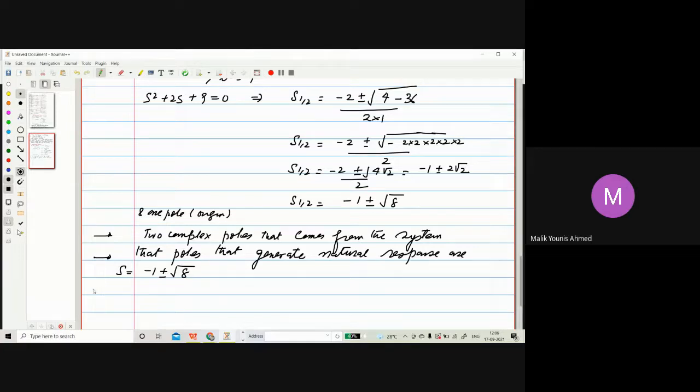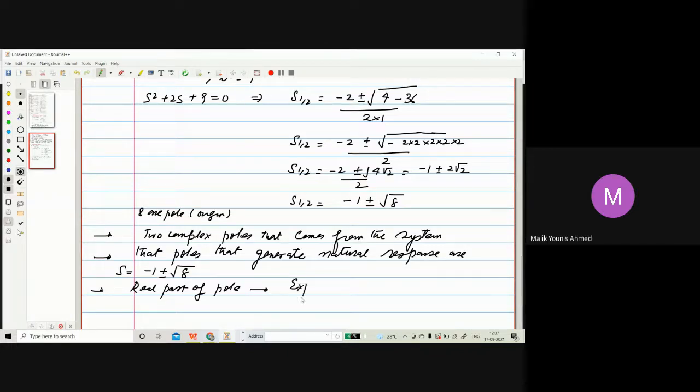So this should be very important for you. The real part of the pole will be responsible for what? The real part of the pole will be responsible for exponential decay.